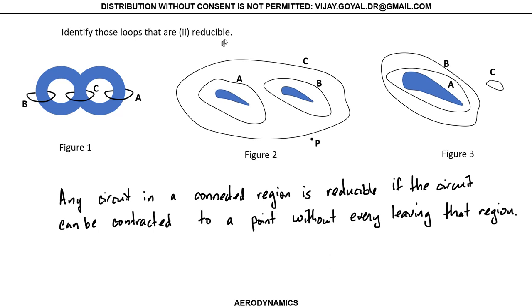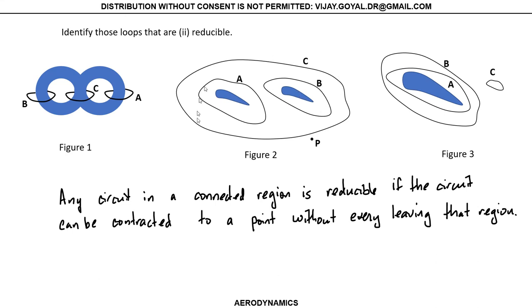Okay, you can see that they're reducible if I can bring them down to a point. If any circuit, a loop, can be reduced to a point. Look at this loop here. This loop cannot become a point without actually leaving this region. And same thing here, same thing there. It's not possible. Here, it's not possible to reduce this to a point without actually interfering with the body. This cannot become a point.